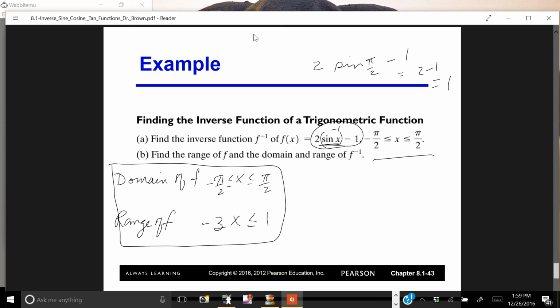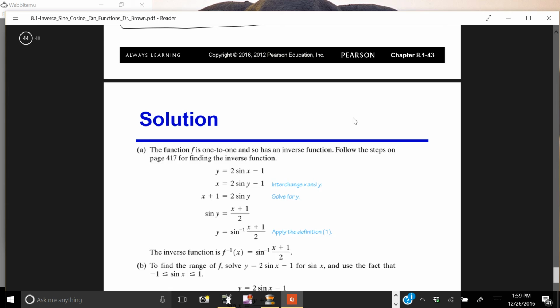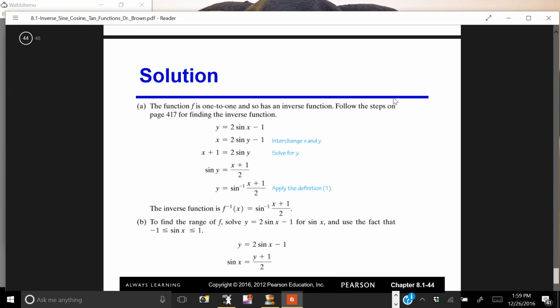Now we're going to calculate the inverse function. Write down the function y equal 2 sine of x minus 1, interchange x and y, and we get x equal 2 sine of y minus 1. Solve for y, and adding 1 to both sides, we get x plus 1 equal 2 sine of y.